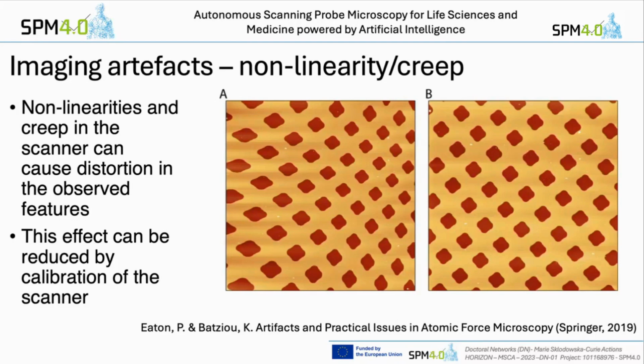This one is easier to correct for because we can do calibrations. This is the calibration grid. Each of these little squares should be about the same size. We can image them quite regularly on our systems, and if they look like what we see on the left, we know that something's going wrong and we can recalibrate the scanner to make sure that it's not.